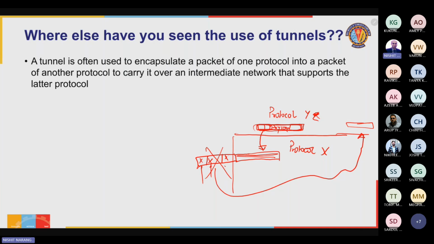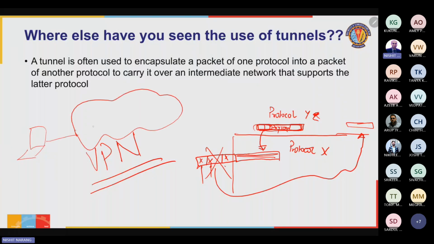So tunneling is a very old technology used in the internet, right? And we use it all the time. We've used it mostly when we create virtual private networks (VPNs). I sit at home, I connect my laptop over the internet. The internet is the underlay network.